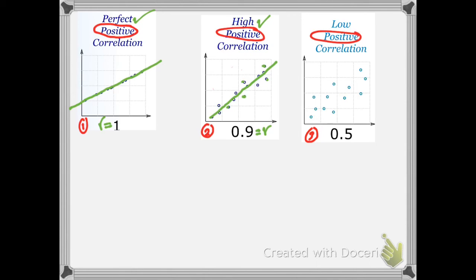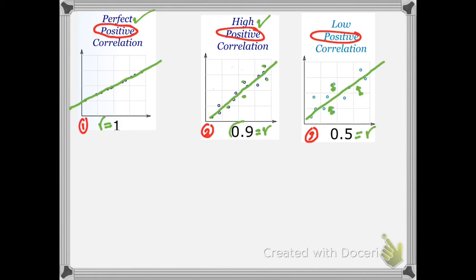What about case 3? In case 3, when you draw the regression line, you will discover what? In this case R equals 0.5. And when you go to the graph, you will discover what? Those data are a little bit far away from what? From the regression line.